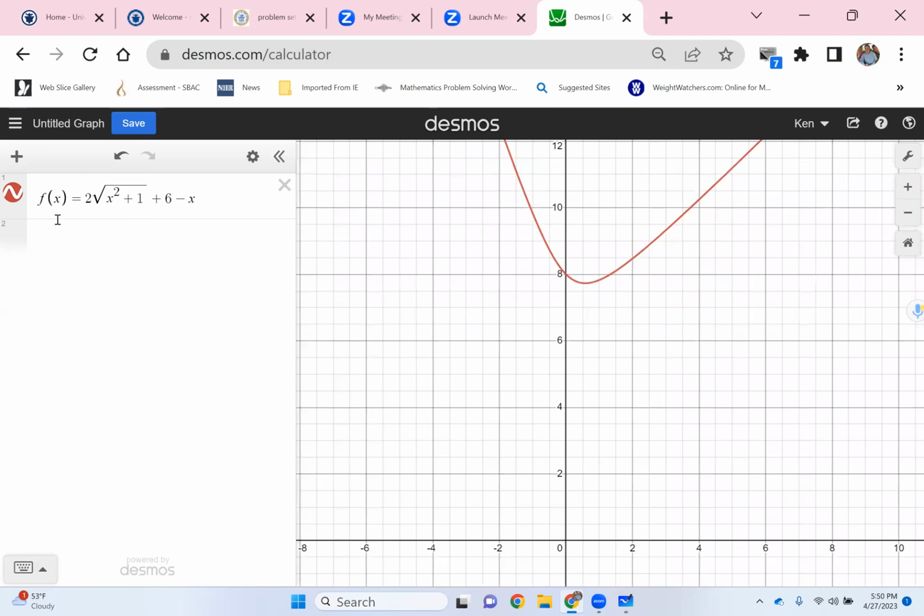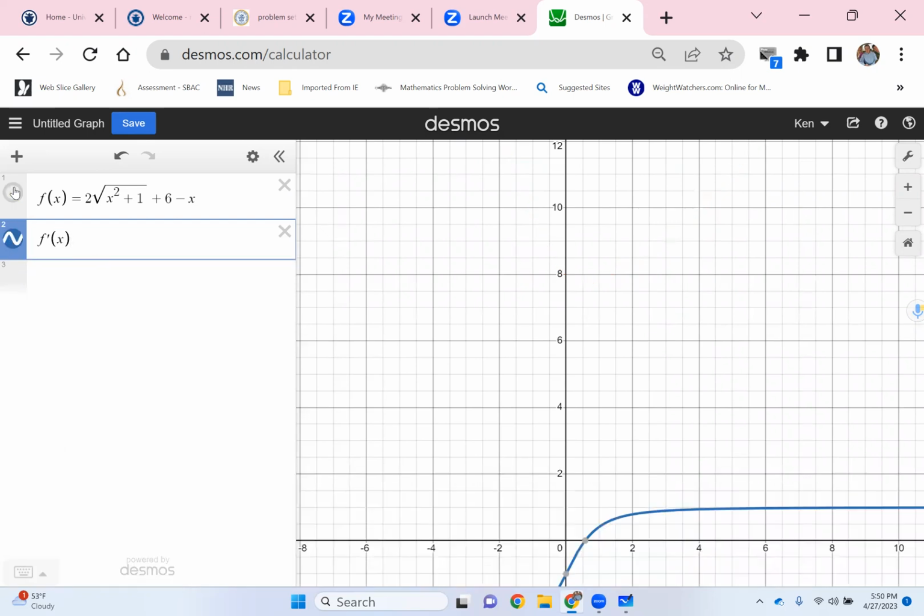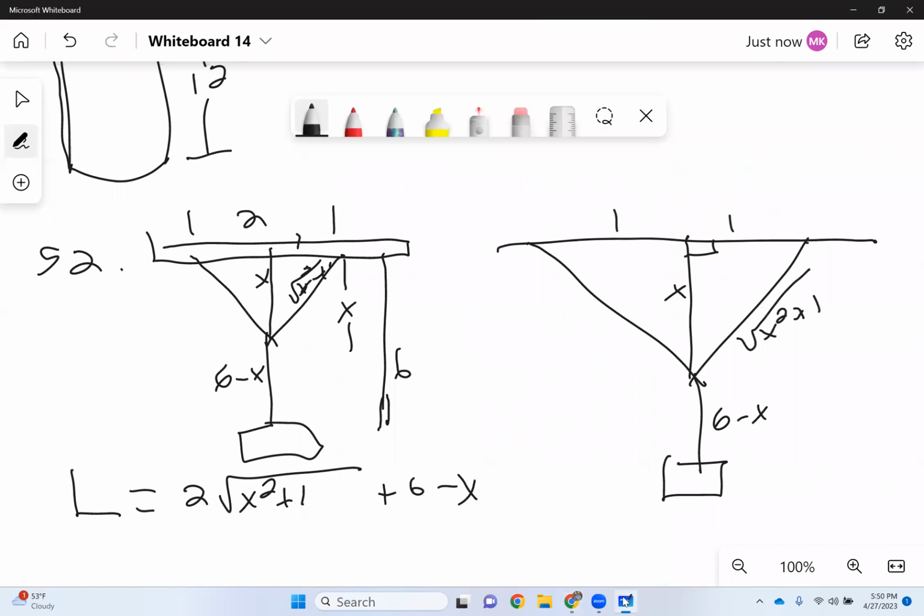So now we're going to take the derivative of that and set it equal to 0. There's the derivative. Where does it equal 0? At 0.577. So X equals 0.577.